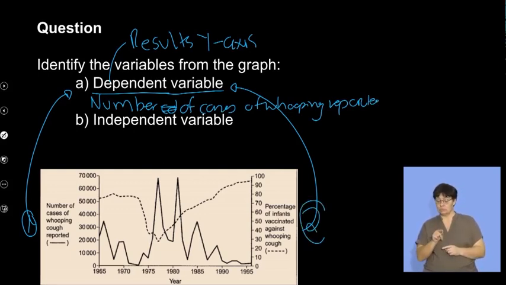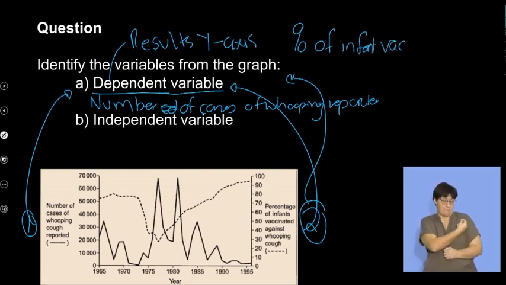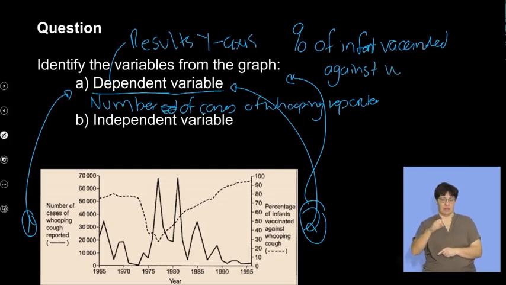Number two, we're going to write that at the top there: percentage of infants vaccinated against, and I'm just going to put WC for whooping cough. So we have two dependent variables. We're looking for two results. How many of the infants were vaccinated and how many had cases of whooping cough?